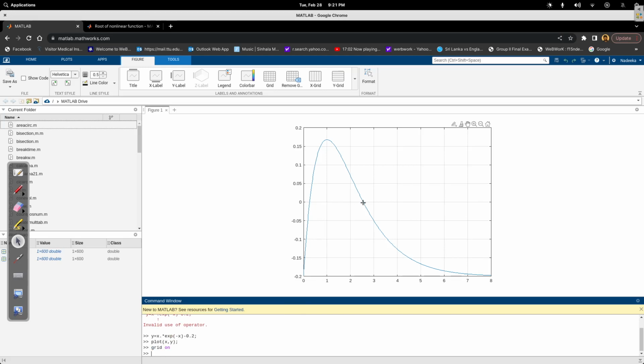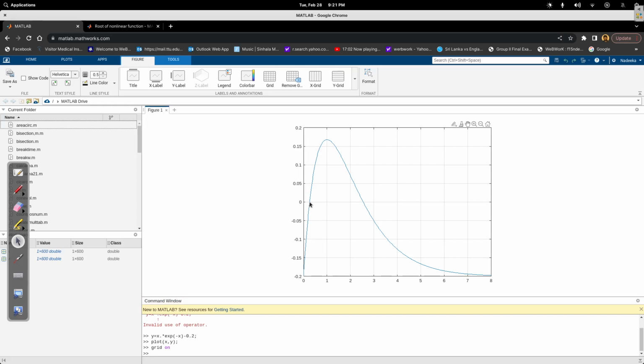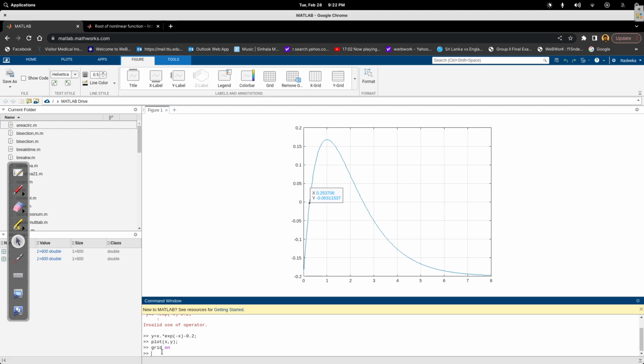Okay, so this is the x-axis. Close to the x-axis we can find two roots. To find one of the roots I have to give a value close to it. It seems this value is close to 0.25, so I will use x equals 0.2 as the approximated value. So I call fzero.